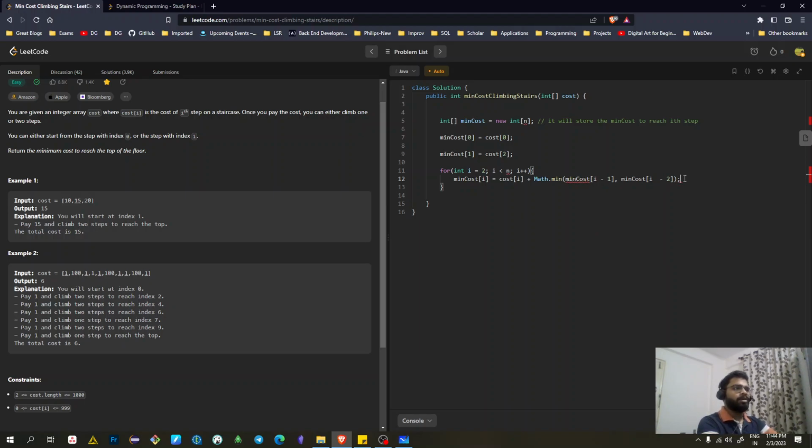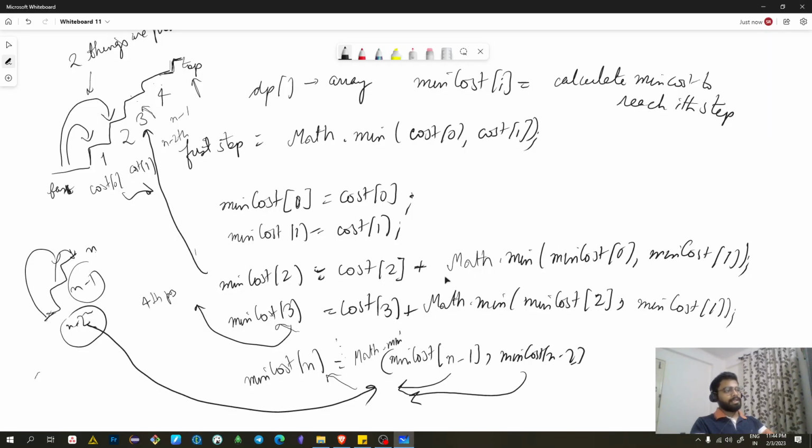It is very, very important to understand this line that we did. And it's coming directly from this logic that we found. For every ith position, the minimum cost is dependent on the cost of standing at the ith position and the minimum cost of the previous two.